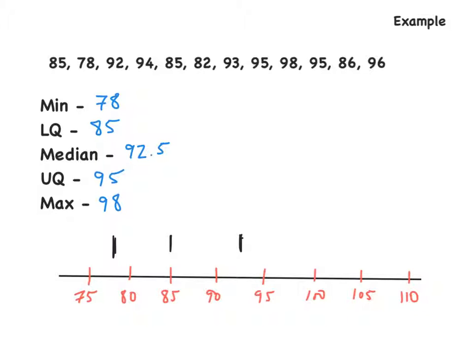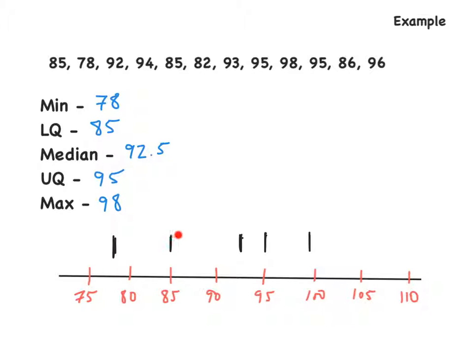Upper quartile of 95, max of 98. Good. Now we have 5 points on this plot. So this is the minimum, the maximum, this is the median, lower quartile, and the upper quartile.